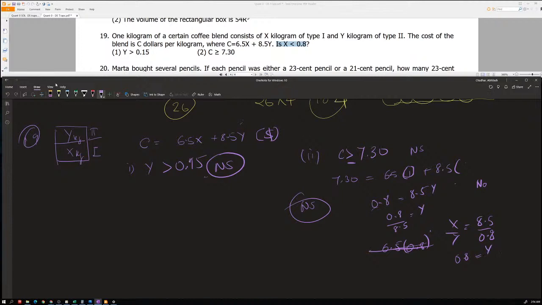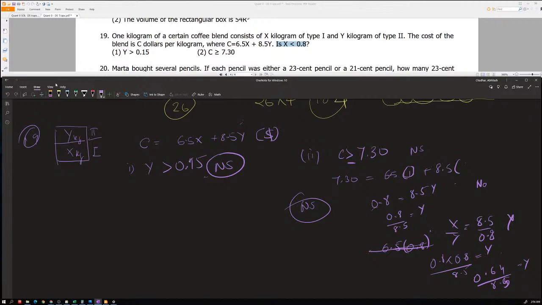Basically, we can solve for y. We get 0.8 into 0.8 by 8.5. That becomes 0.64 by 8.5. We get some value of y basically. We don't have any restriction, and we get a yes answer.